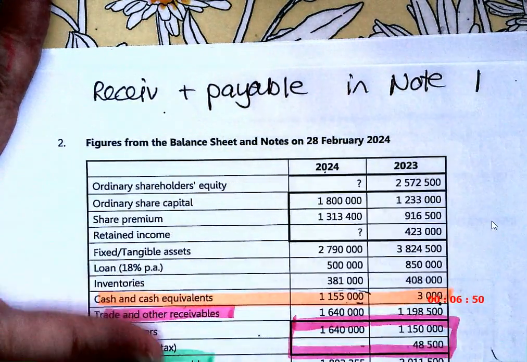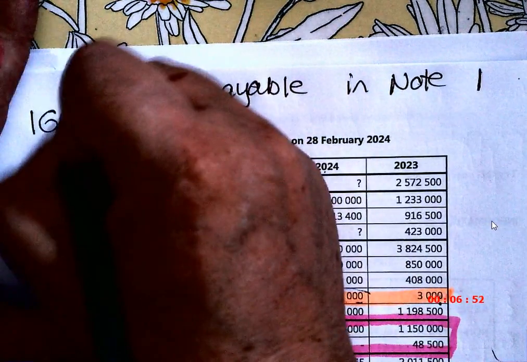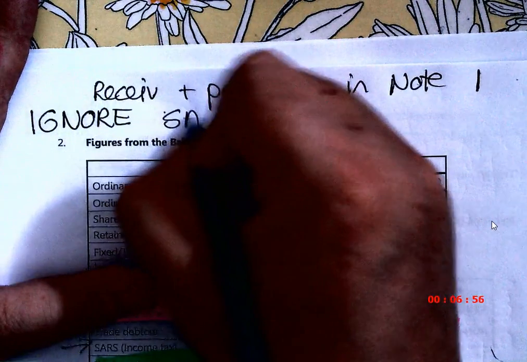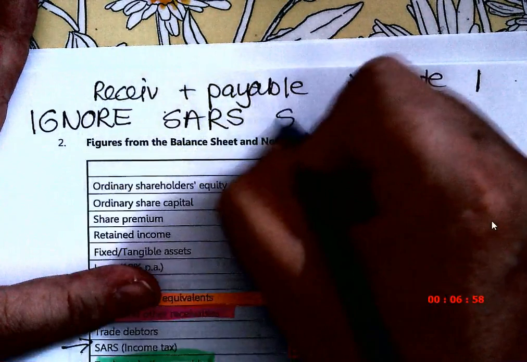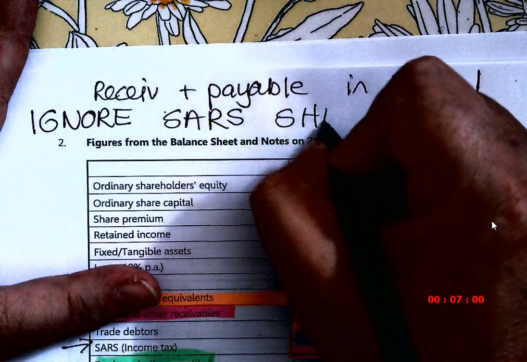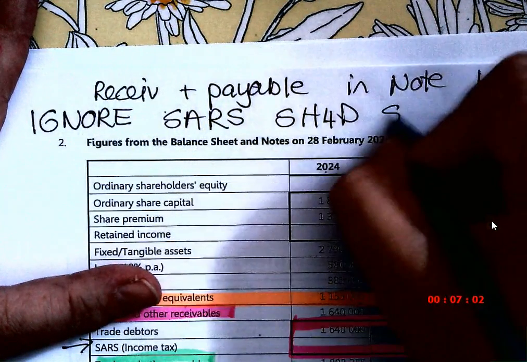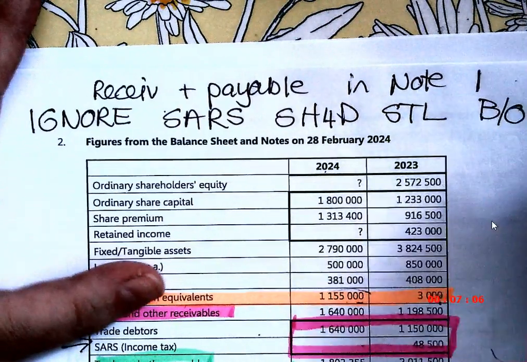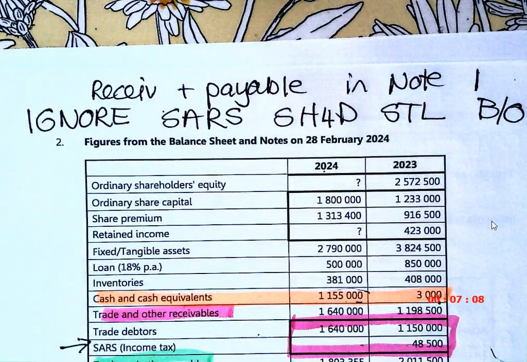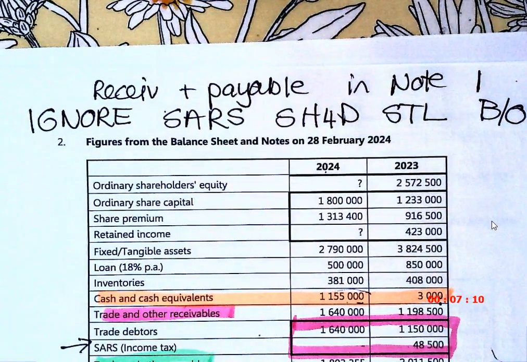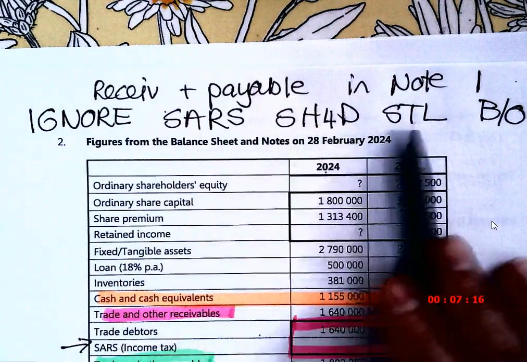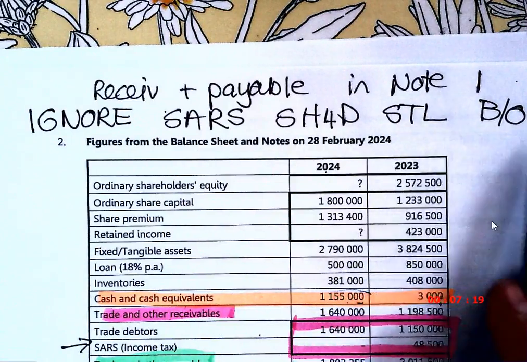You ignore such, shareholders, short-term loan, bank overdraft. Let me say again, because some of you don't get my abbreviations. You're going to ignore such shareholders, short-term loan, and bank overdraft.